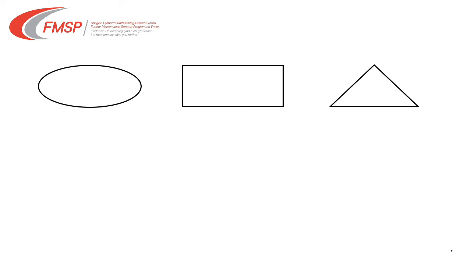For example, the shape on the left-hand side, I can pick up a point, and from any point, exactly any point on that curve, there are two directions to go. I can go either left or right. If I look at the shape in the middle, there are some special points. We think of them as special from our experience with geometry.